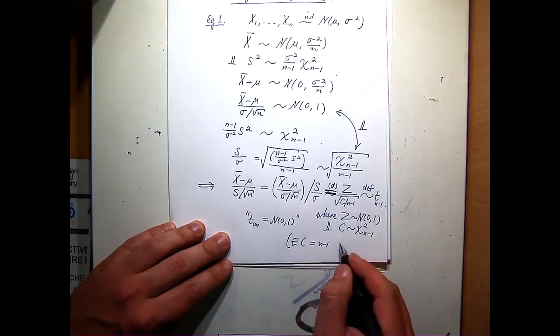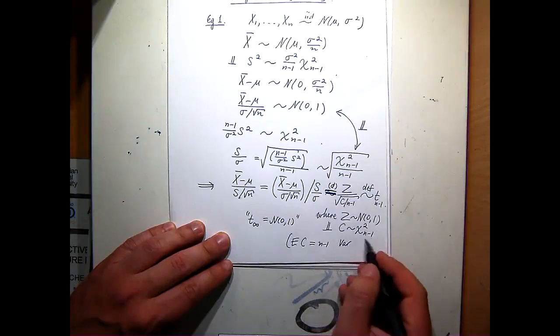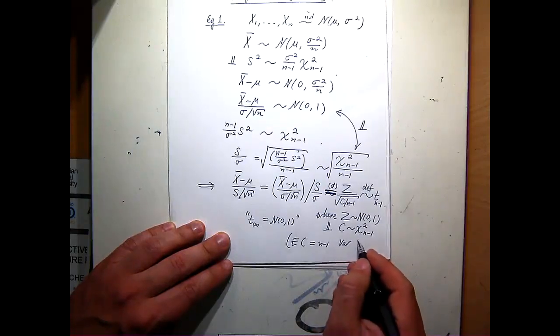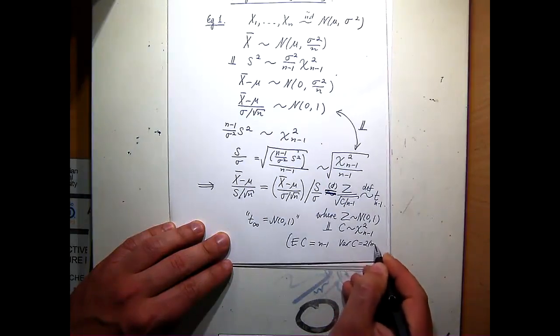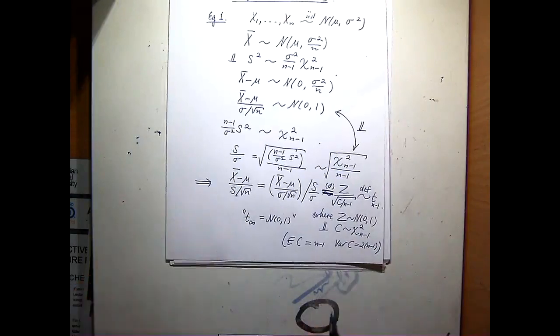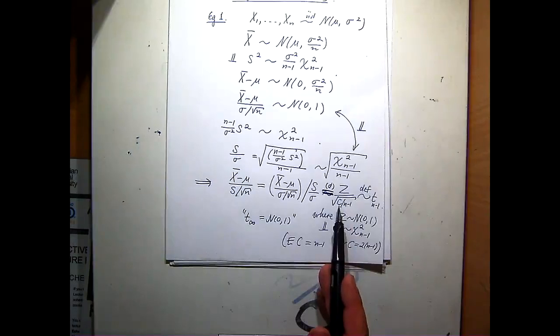And you can do this because chi-squared is of course gamma. The variance of c is 2(n minus 1). So, whether by the law of large numbers or just by taking that variance, you see that the chi-squared value is very close to n minus 1 with an error that's of order square root of n minus 1. So when you take c over n minus 1, that's effectively 1 for large n. With very high probability the denominator will be near 1 for large n.